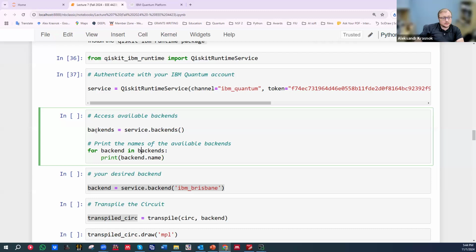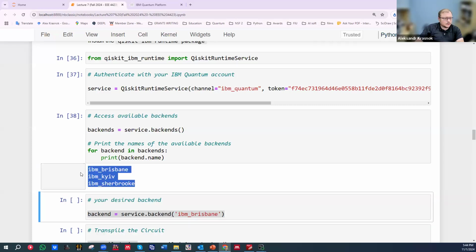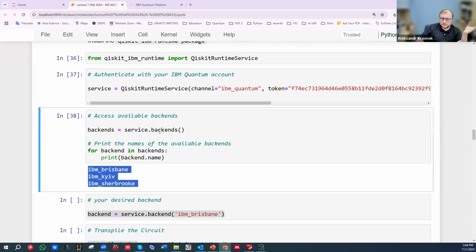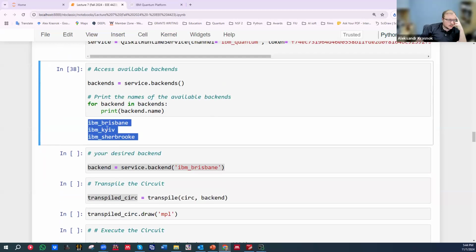For backend in backends, you print the name. Hopefully it will return the list. So you see, it's just three. Only three of these, out of maybe 10, are available to you for these calculations.